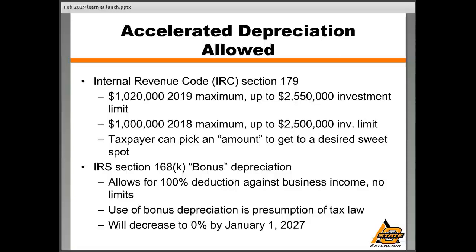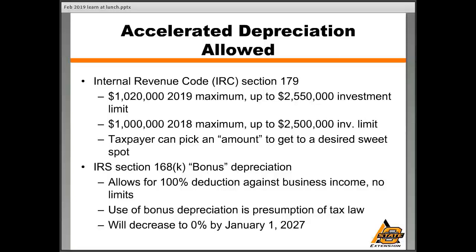So as long as we fall under those, we can write off 100% of those items in the year that we buy them and place them in service, reducing our taxable income by that amount. The third line down there talks about picking an amount to get the desired sweet spot. What does this mean? We have taxable income and we want to manage that, level that.